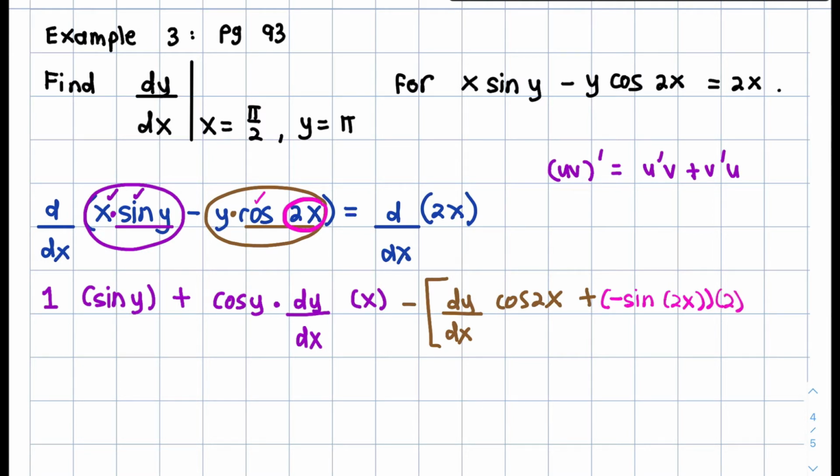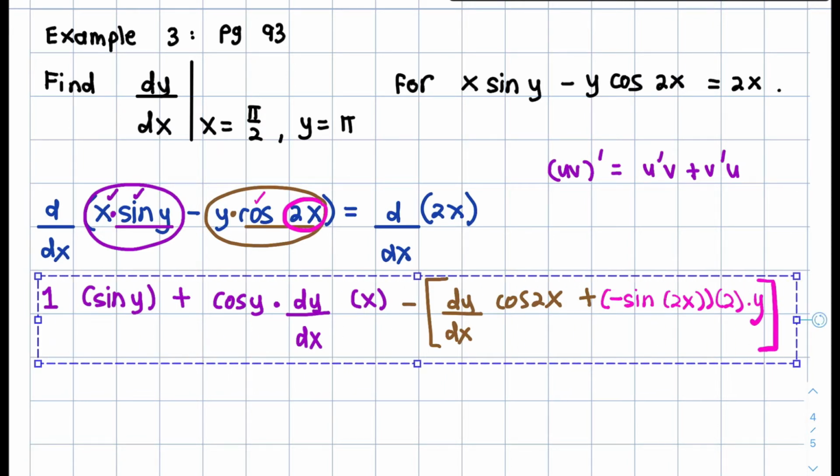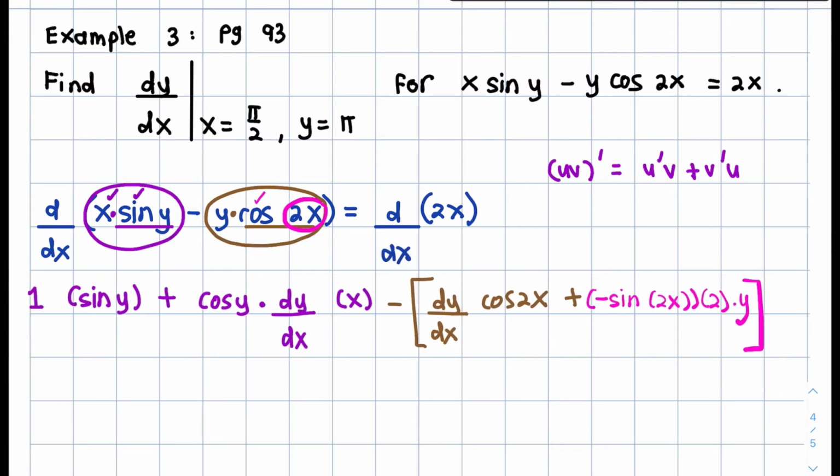This part is only for v prime. Then you have to multiply by the u, which is y. Close the whole thing. Then, on the right hand side, differentiating 2x will just give you 2.